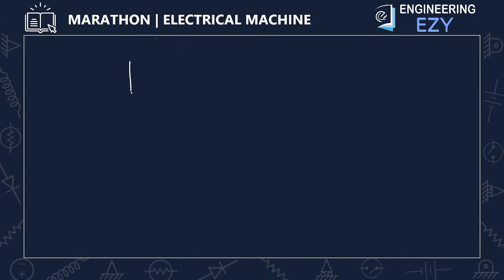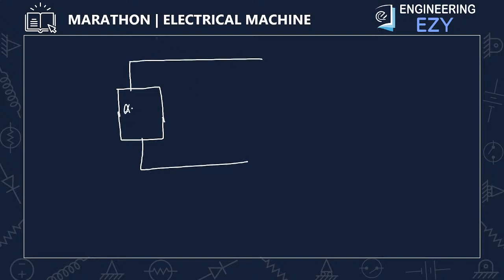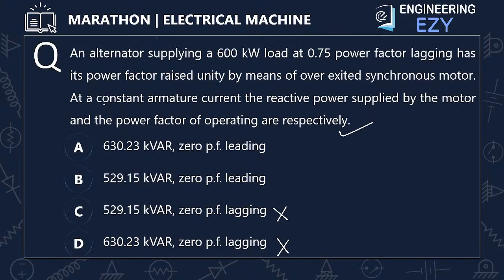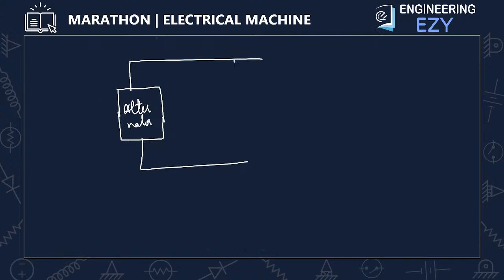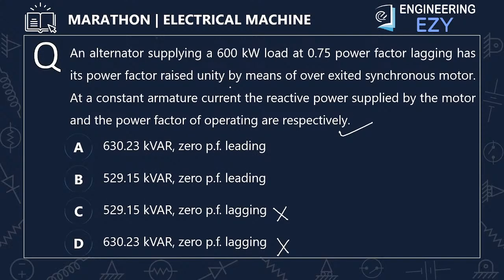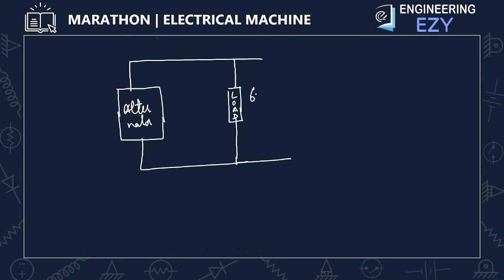There is an alternator, or generator, supplying a 600 kilowatt load, and the load power factor is 0.75 lagging.